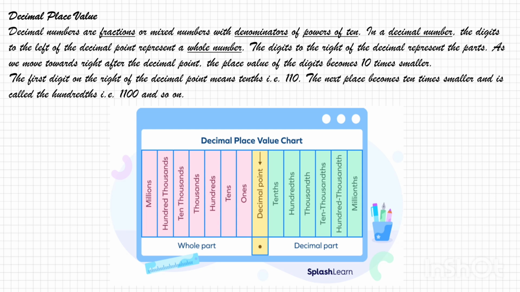As we move towards the right after the decimal point, the place value of the digit becomes 10 times smaller. The first digit on the right of the decimal point means tenth or 1/10. The next place becomes 10 times smaller and is called the hundredths or 1/100 and so on.